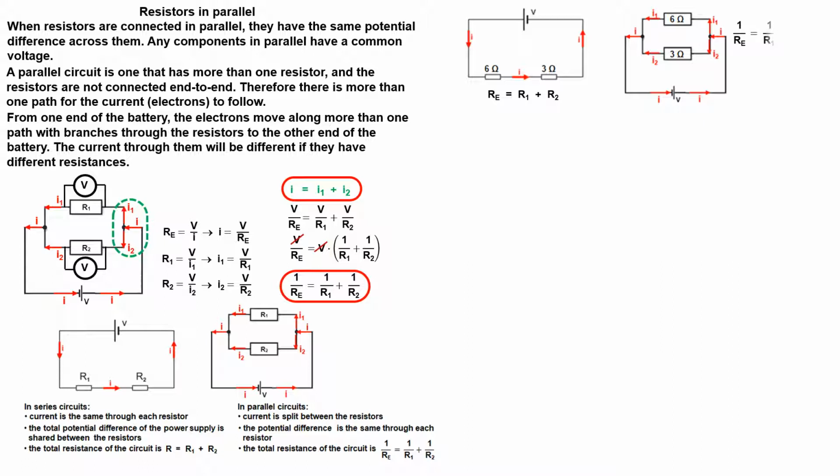It's easy to calculate the equivalent resistance in a series circuit. To calculate the equivalent resistance in a parallel circuit, we have to work a little more. Put the fractions in the same denominators.